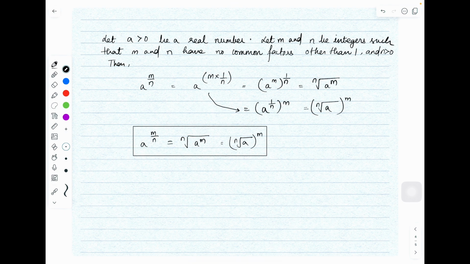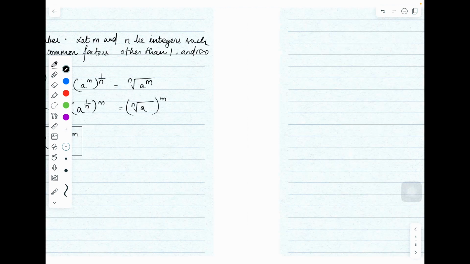So we are going to write now the laws of exponents of real numbers. Let me take another page. Now those were the laws of natural numbers.